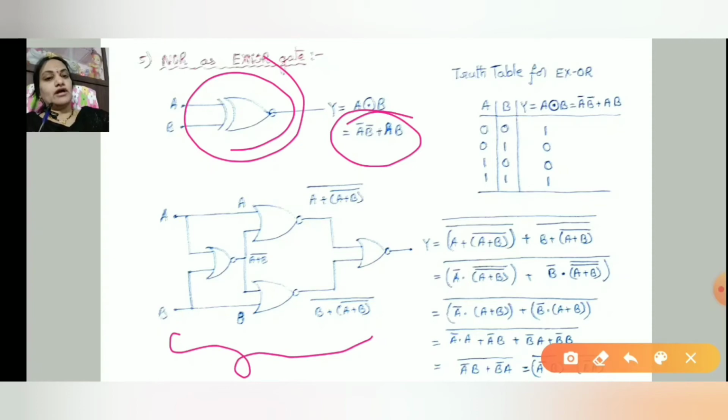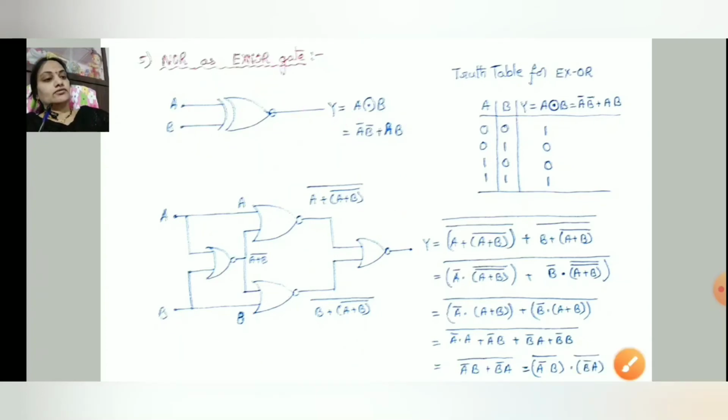Here we want 4 NOR gates. Okay? How many gates do we require? 4 NOR gates we require to satisfy an XNOR gate. Okay? So see the circuit carefully and observe their inputs and outputs.